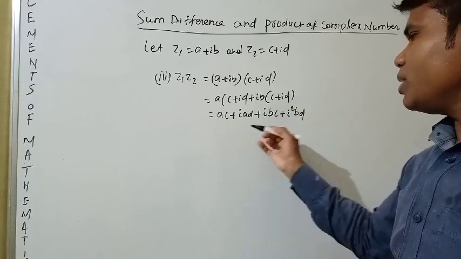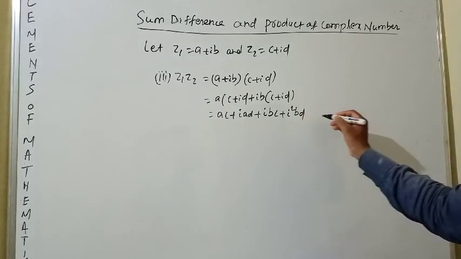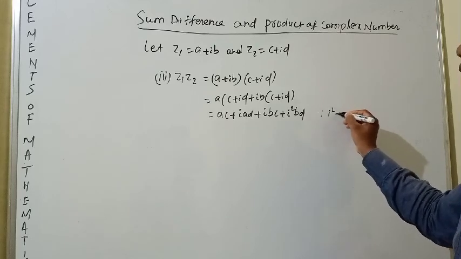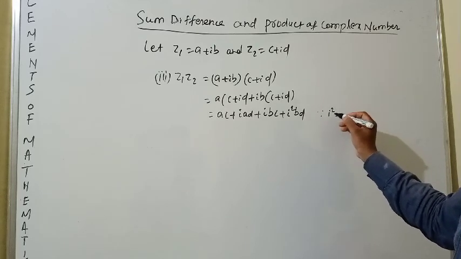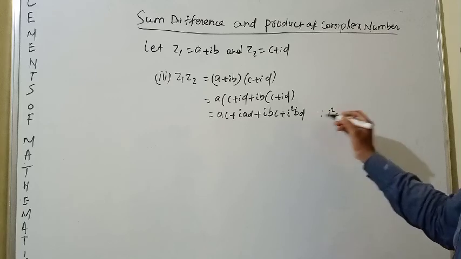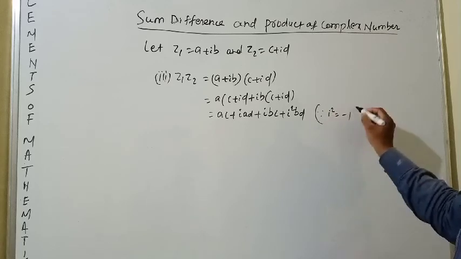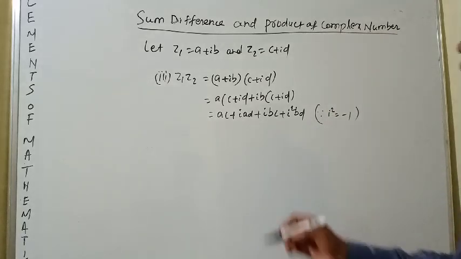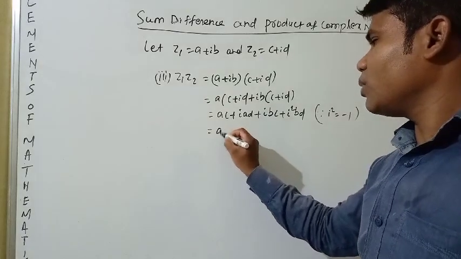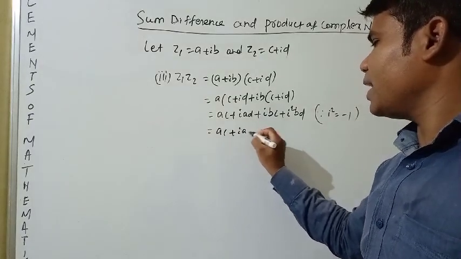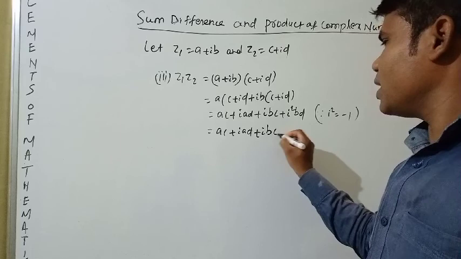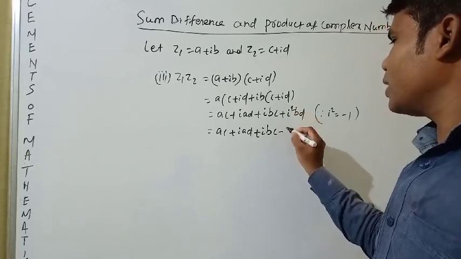Understood? You see here I square given, you know what is I square? I have already given the value of I square. I square is equal to -1. So this is equal to AC plus IAD plus IBC minus BD, since I square is equal to -1.